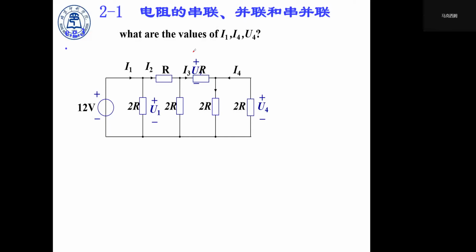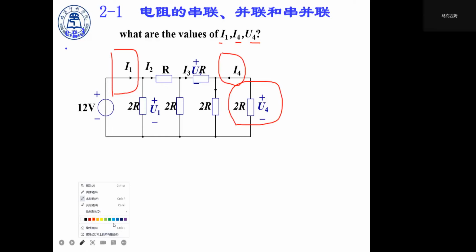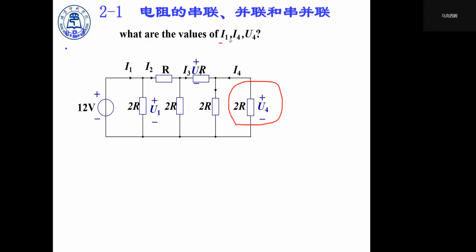If we want to learn the value of I1, I4, and U4, we see that U4 is the voltage of this resistor, and I1 is the current here. I4 is the current on this branch. So if we want to learn about its value, how could we calculate it by using the trick we have learned? And it's simple actually. It's not that difficult.